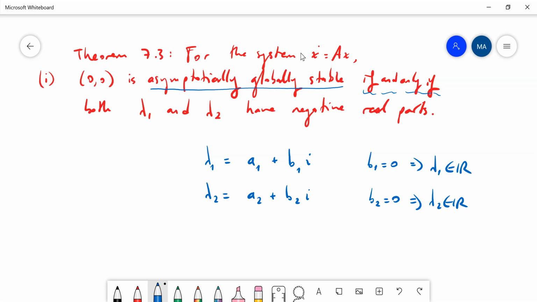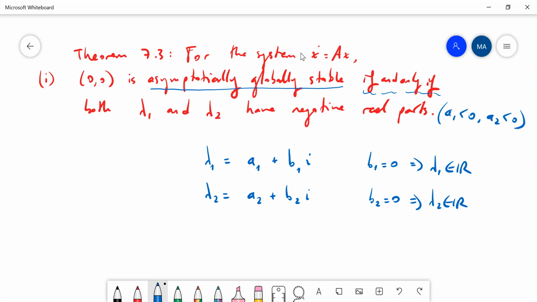So we require A1 is less than 0, A2 is less than 0. Your model could have real or complex eigenvalues, but global stability requires the real parts to be negative. Okay?